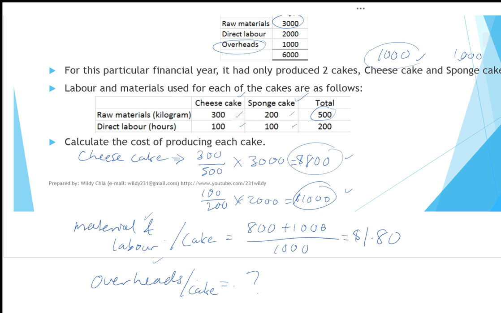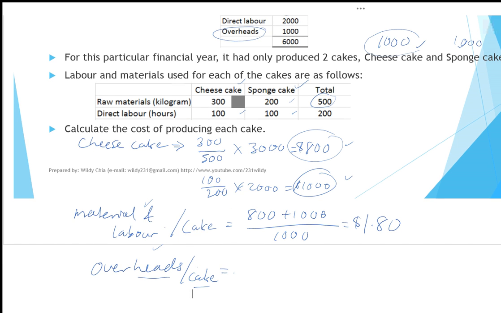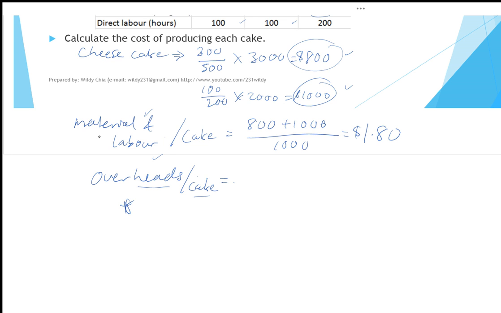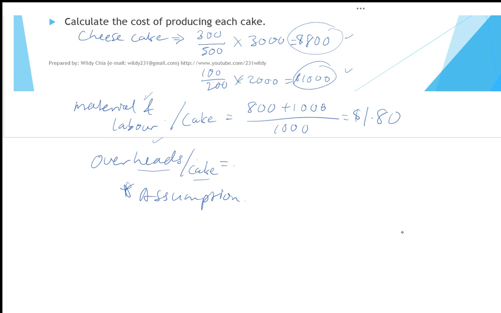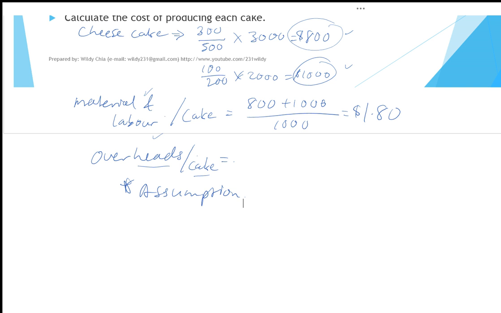So to be able to determine the overheads per cake, we may sometimes make assumptions, like we could spread the overheads according to the number of cakes produced, but in other cases we could spread the overheads according to the number of man hours used for the month. So this requires a bit of assumption. Right. And that assumption is pretty much dependent on judgment made.